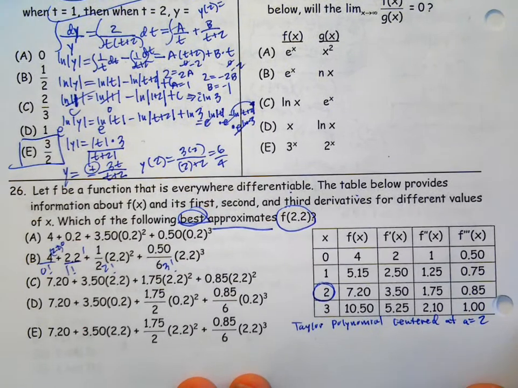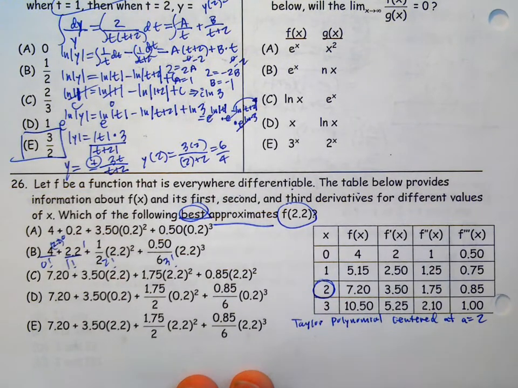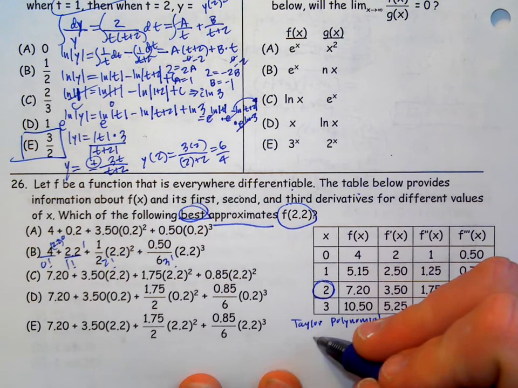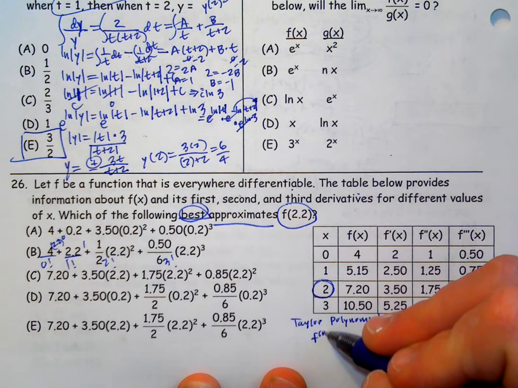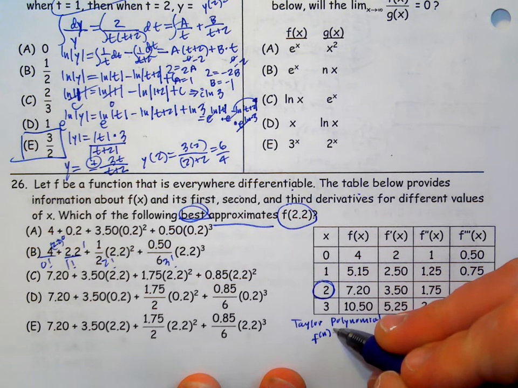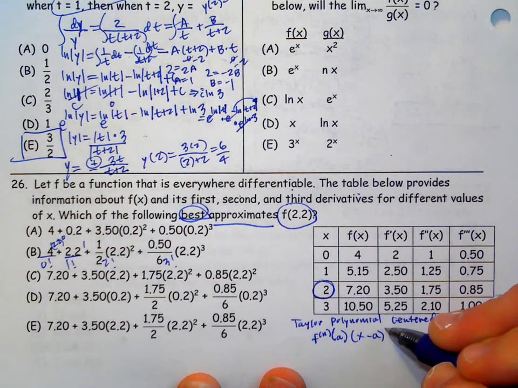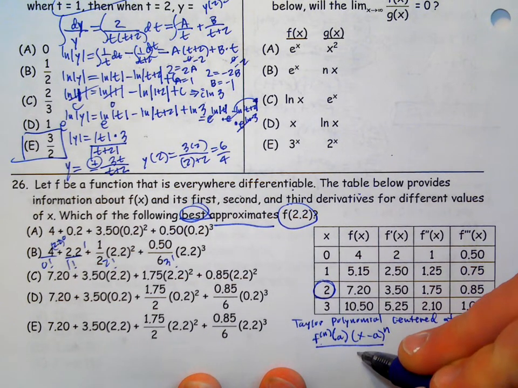That seems like that would be the best if you're using it to get 2.2. So the nth term of a Taylor polynomial is the nth derivative at the center, x minus a to the nth power over n factorial.